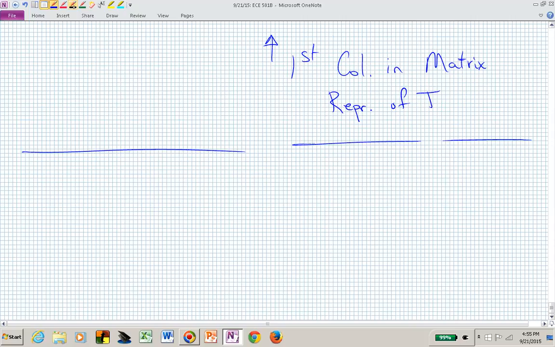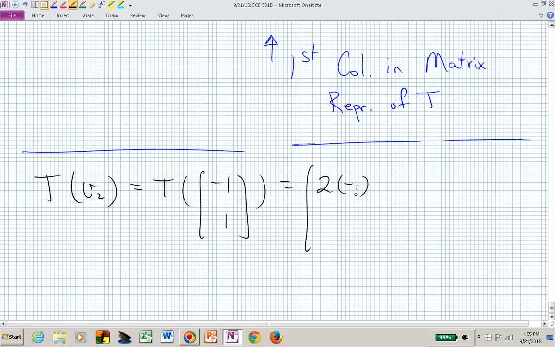What about T V sub 2? V sub 2 was minus 1, 1. And we map that through the linear map T. We have 2 times x minus 1/2 times y, and x plus 2 times y.